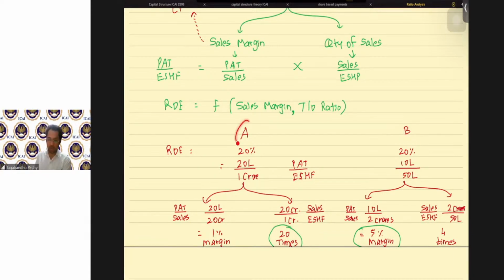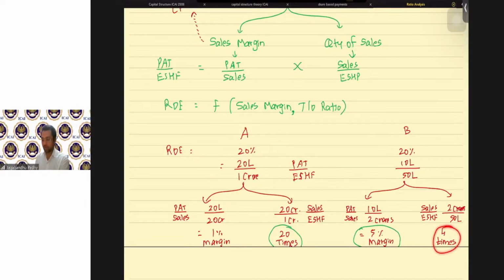If company A really wants to increase its return on equity, the only way to do it is to increase this margin. Just imagine if this margin increased to 2%. Can I say it will become 2 into 20? That actually becomes a 40% return on equity.